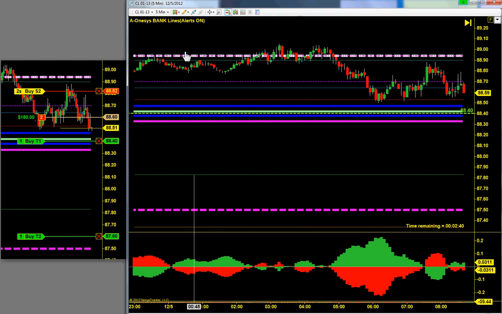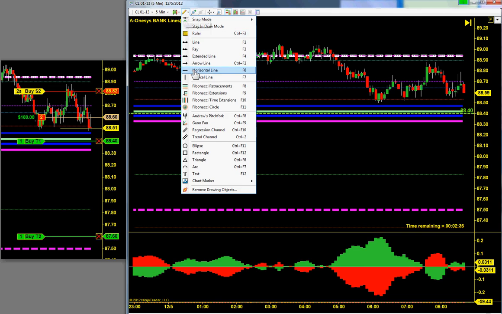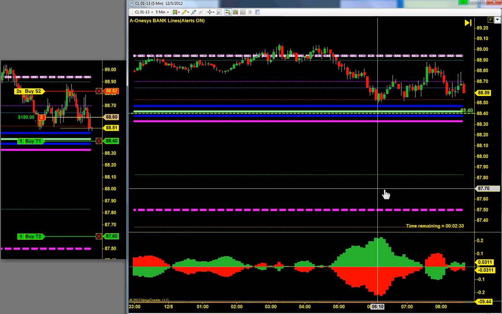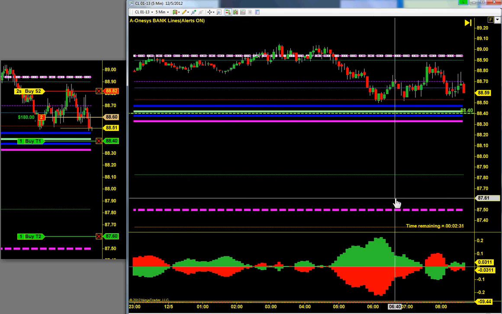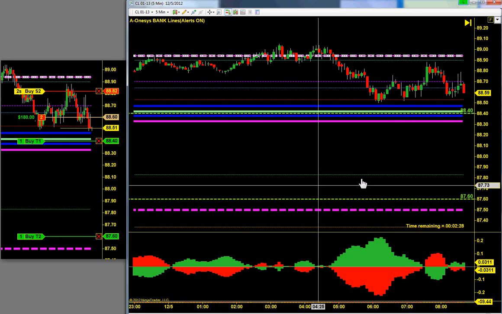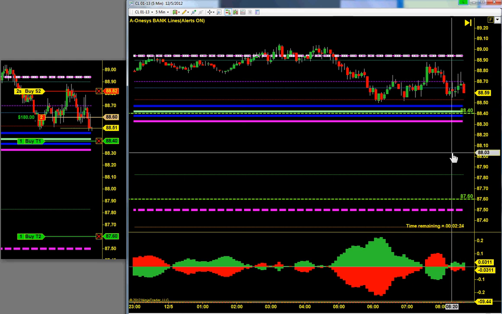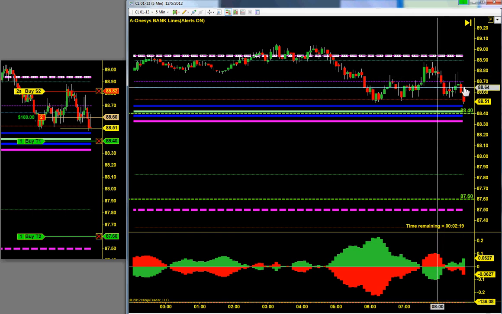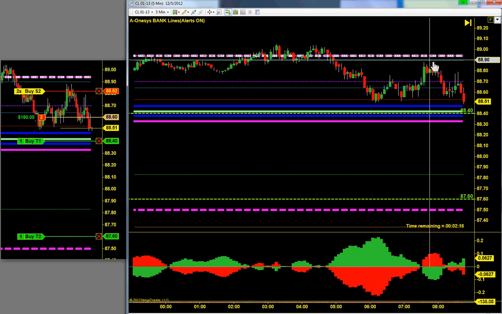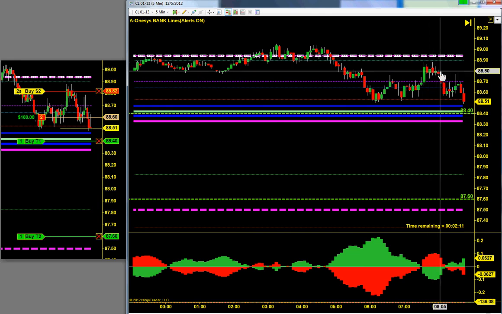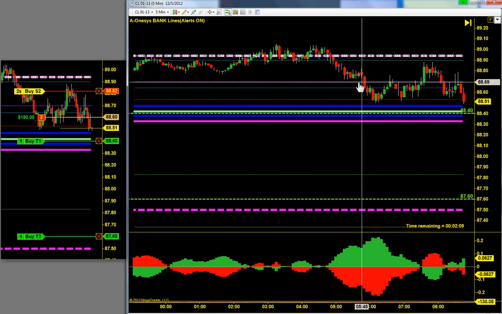Alright, let's see now why I'm taking these trades, because this is now rejected again from these bank lines, okay, and it came under these two bank lines. This is rolling bank line, this is small bank line. It was rejected by the red. Now I have more confirmation that it is rejected a little bit by a red line as well.